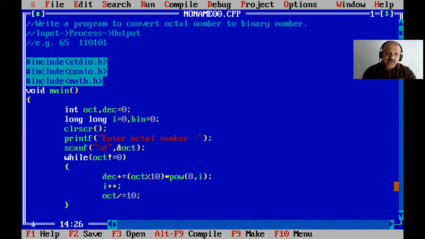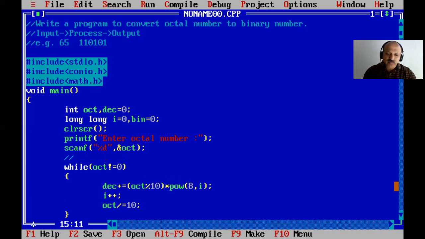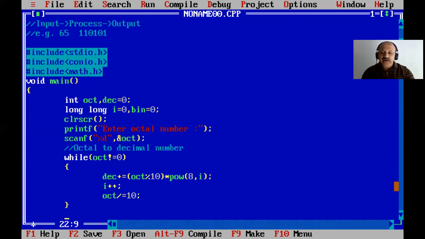So that is I just write for here. We can process octal number, or we can say that octal to decimal number. That is a conversion. This while loop. And now we can take as first I, that is again comment line, and now we can decimal.